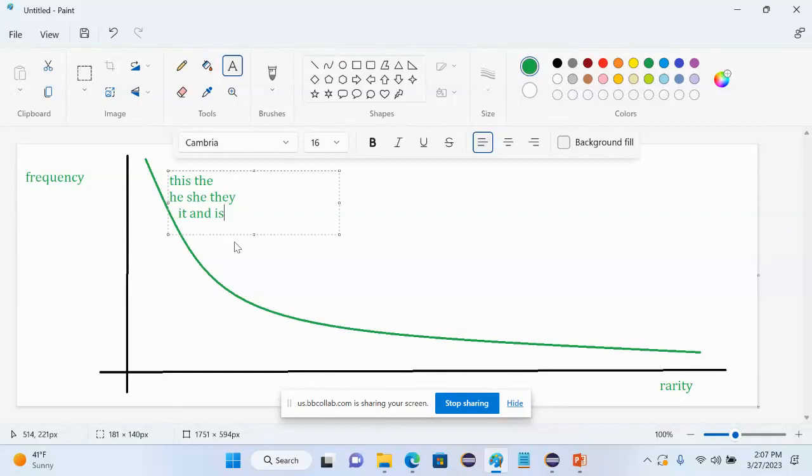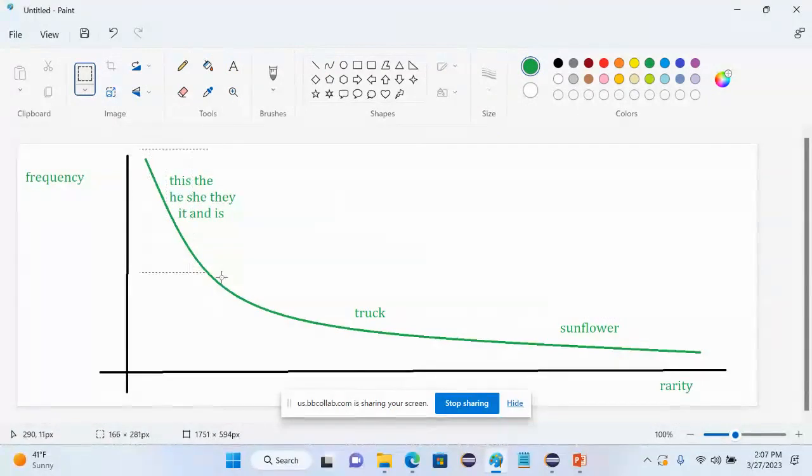Words like that come up an awful lot. And it's hard to write a sentence that probably doesn't contain one or two of those. So these are very frequent words, very common, right? On the other hand, there are some less common words like truck or, I don't know, sunflower. These are words, they certainly do appear, but they don't appear very often, right?